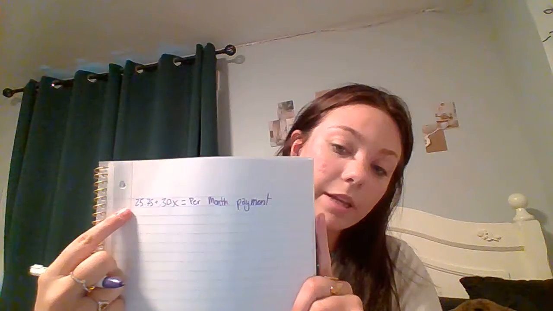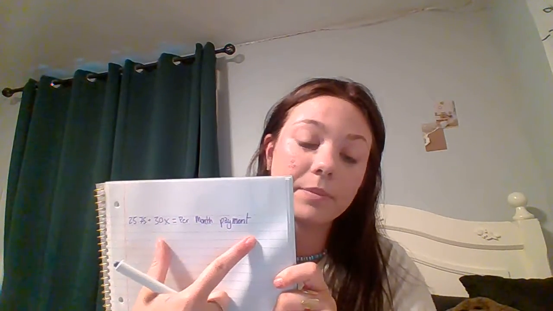So then that will equal your per month payment. So right here is the 25.75 plus 0.30x, and then x stands for how many minutes you're on your phone, and then this is your per month payment.